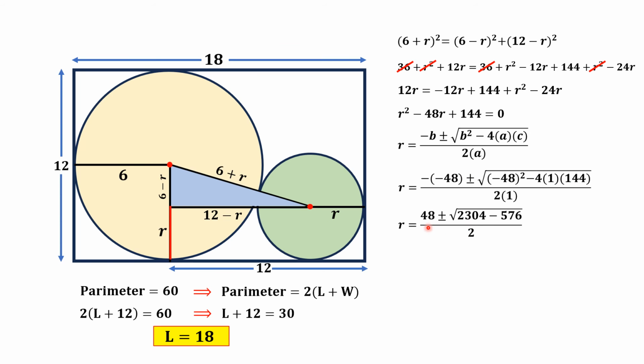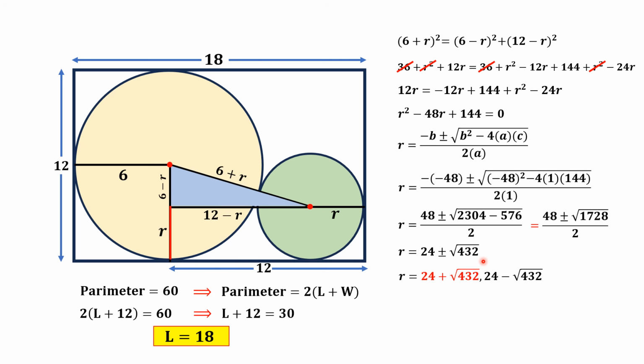After some simplification, we will get 48 plus or minus the square root of (2304 minus 576), whole divided by 2. And if we simplify this radical, this will be 48 plus or minus the square root of 1728, divided by 2, and dividing both terms by 2, we will get r is equal to 24 plus or minus the square root of 432.